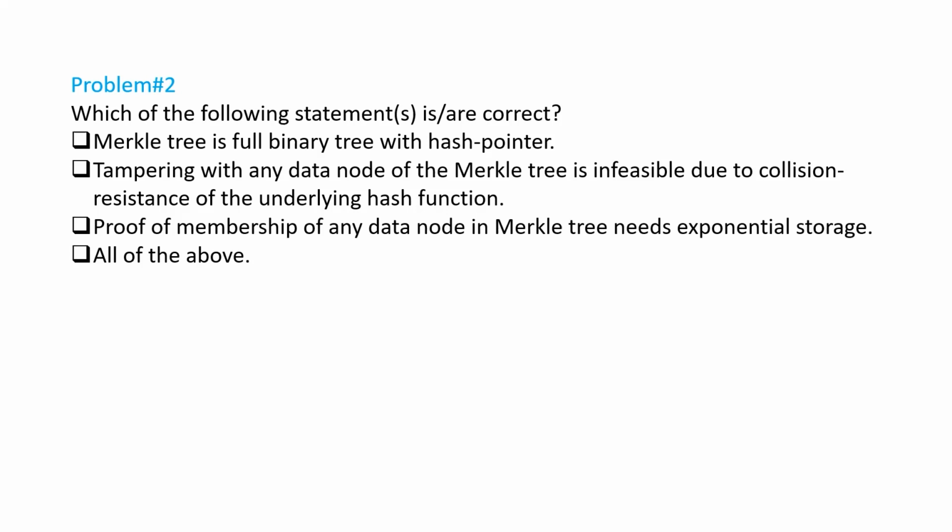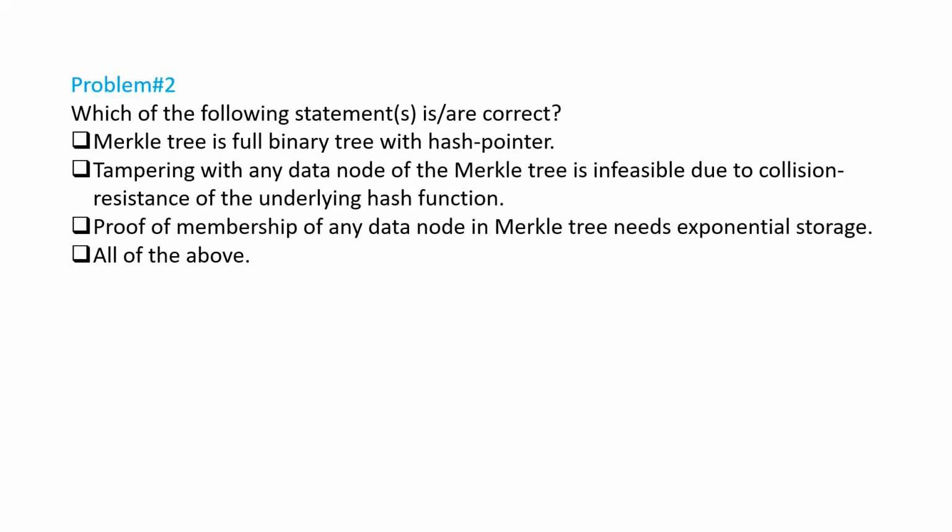Third option, proof of membership of any data node in Merkle tree needs exponential storage. This statement is wrong actually, because proof of membership means that say any user of that Merkle tree information essentially always stores the root node, or the hash information stored in the root node, with it, but it does not store all the nodes of the whole Merkle tree with it always, in order to efficiently use its space, right?